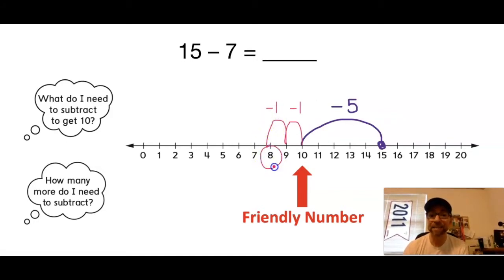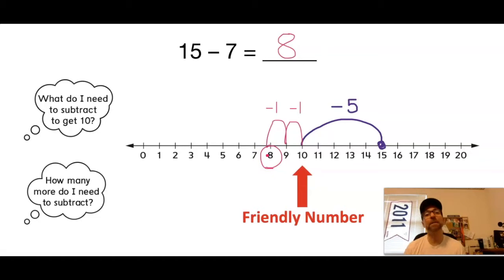I landed on 8 because 15 minus 7 is 8. I'm 5 away from 10, and then 2 less than 10 gives me 8. I subtracted a total of 7.